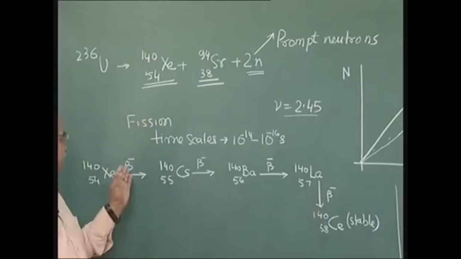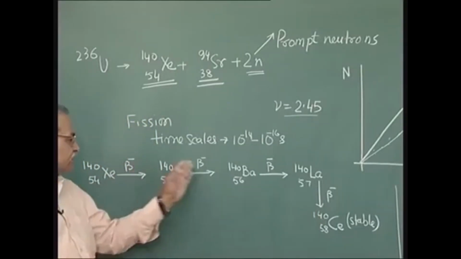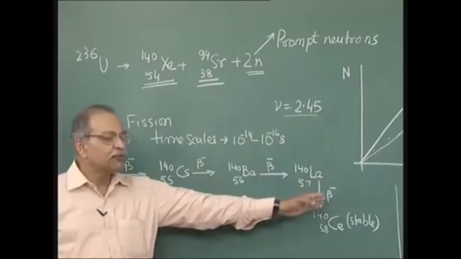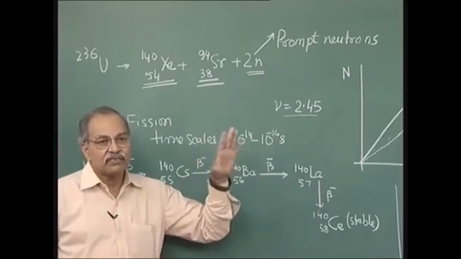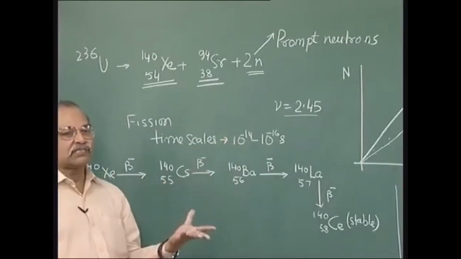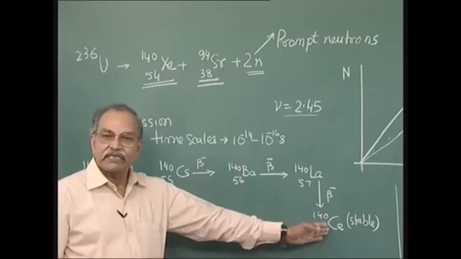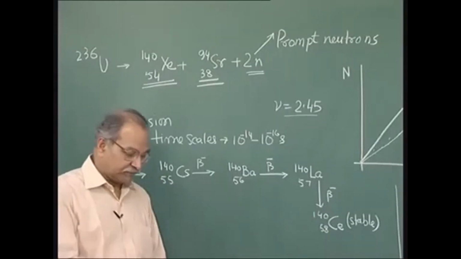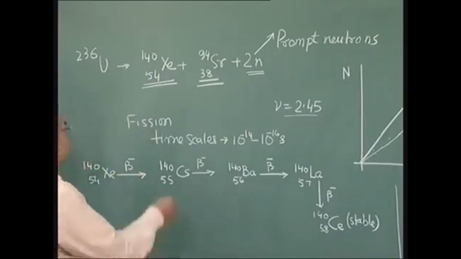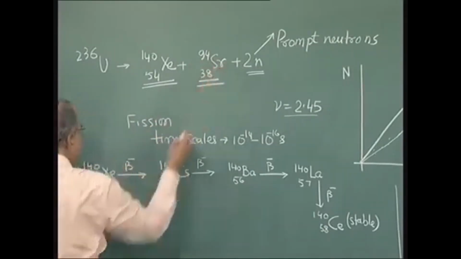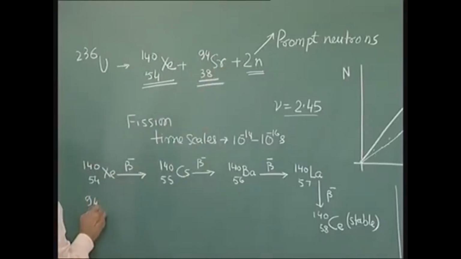So, you have one beta decay here, another here, a third and a fourth: 4 beta particles are emitted, 4 neutrons are converted into protons one by one, and then you get this stable final product. The other element here, 94 strontium, is also radioactive.